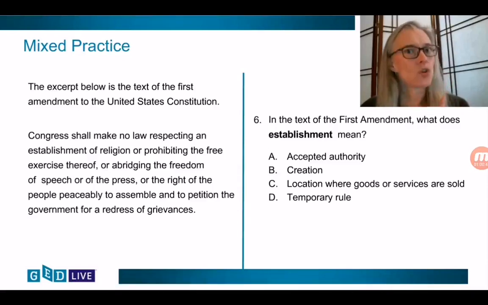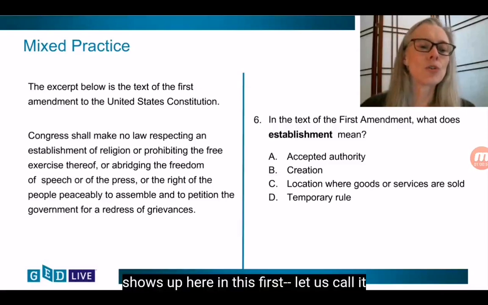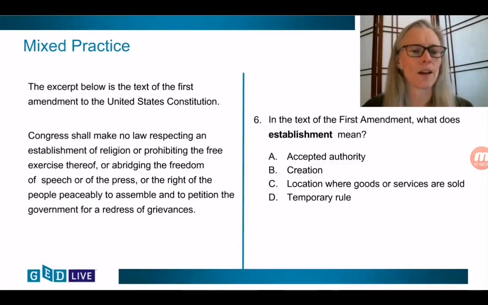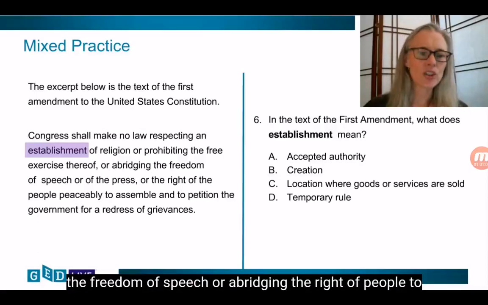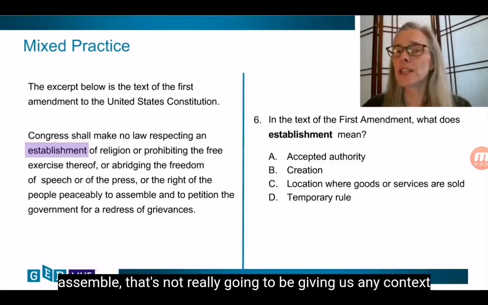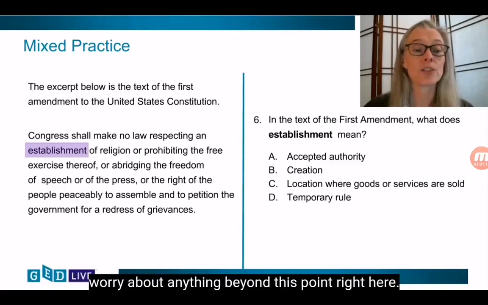Now, notice that the word establishment, which is what we care about, shows up here in this first, let us call it, clause. What that means is that all this idea about abridging the freedom of speech or abridging the right of people to assemble is not really going to be giving us any context about the word establishment, so we don't actually need to worry about anything beyond this point right here.